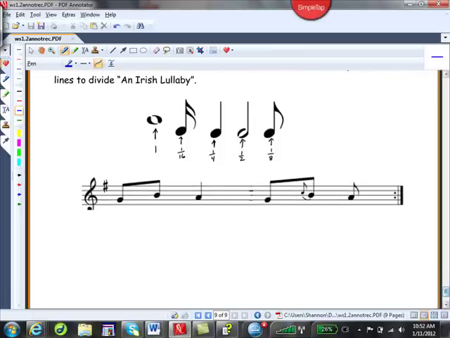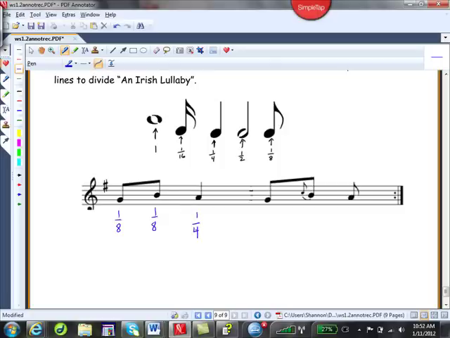These little notes here are eighth notes. When they're strung together, eighth notes look like this first one. So we have an eighth here, an eighth here, and then this one is a fourth.